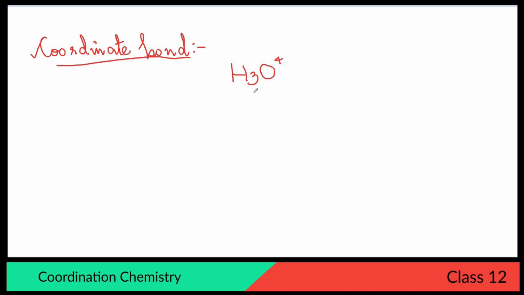H3O+ is actually made up of two parts, H2O and H+. Now, this part, H+, is something which we just saw. Very difficult to explain how it would be formed, right? So let's not think about it right now. Let's concentrate on this part first.